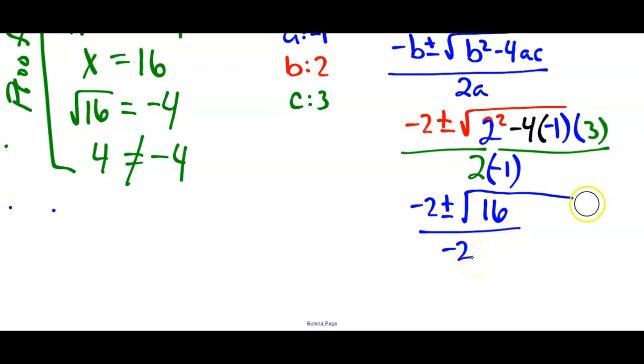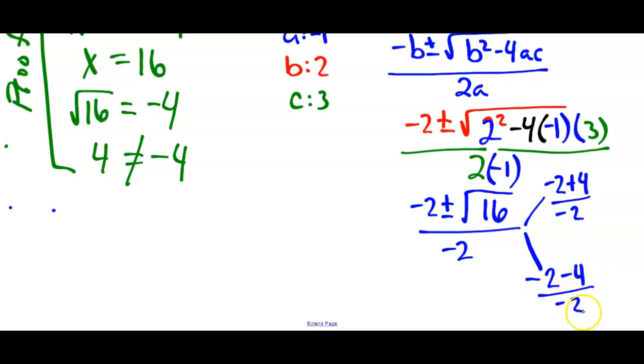Here's where life makes a difference and where I have to check my solutions. So the square root of 16 is 4. So I've got negative 2 plus 4 divided by negative 2, and I've got negative 2 minus 4 divided by negative 2. What am I going to get?